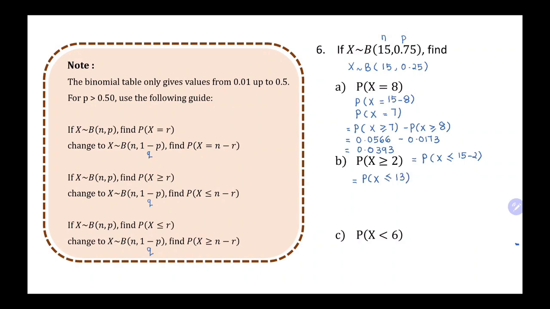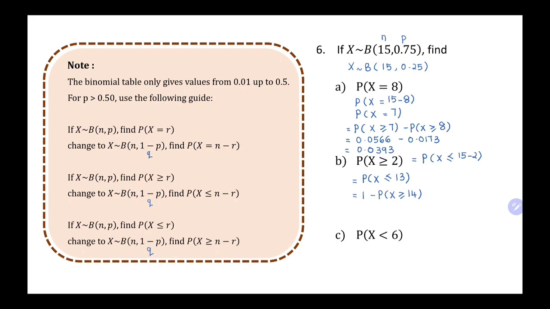To read from the table, we need to change less than or equal to greater than or equal. We want to find less than or equals to 13. So kita ambil semua probability 1 minus x greater than or equals to 14. Kita nak 13 ke bawah. So kita ambil semua, tolakkan dengan 14 ke atas. So dapatlah 13 ke bawah.